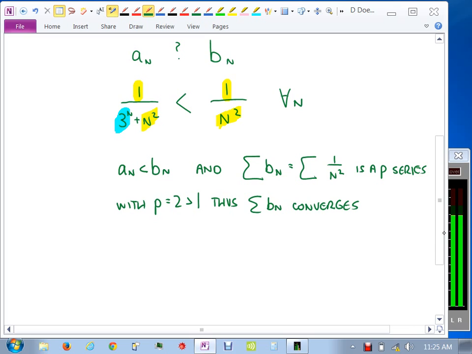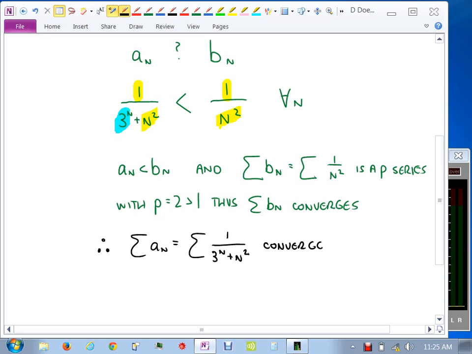Therefore, our final result from the comparison tells us what? The sum of a sub n, which for us is our series, what was it? 3 to the n, converges by the comparison test.